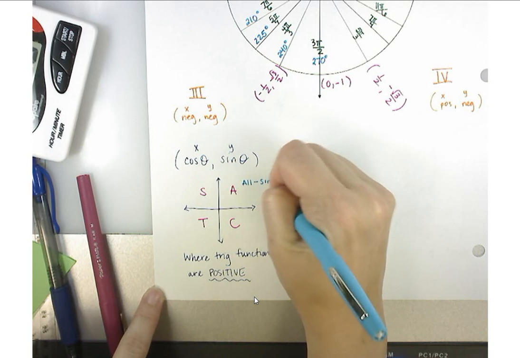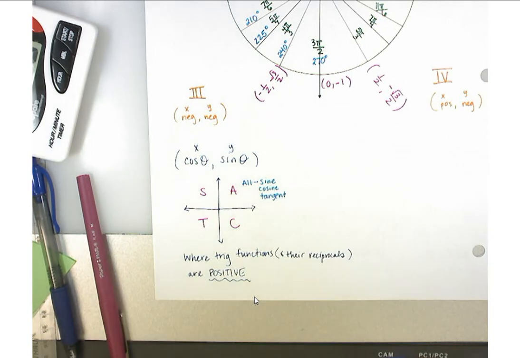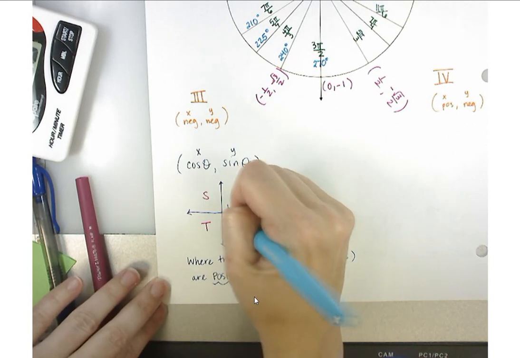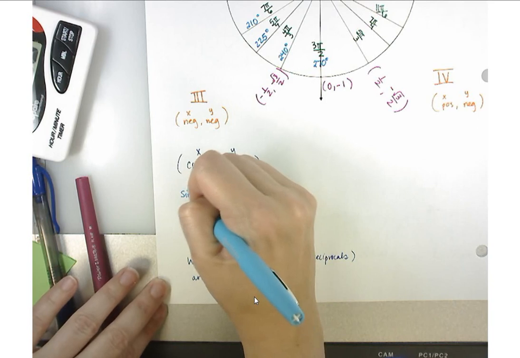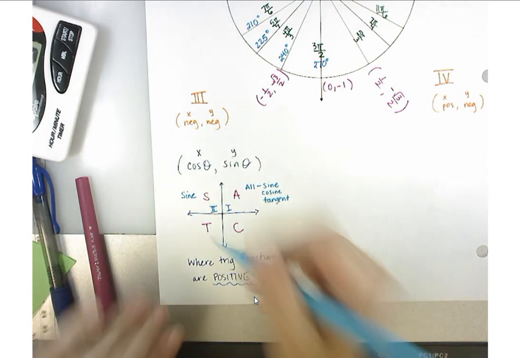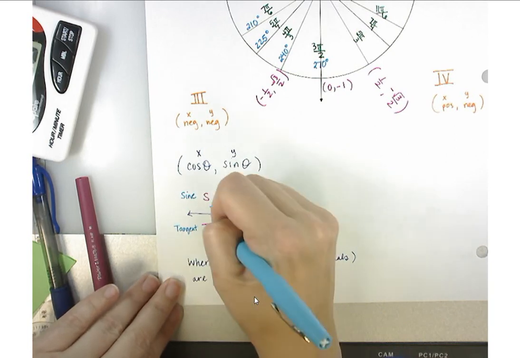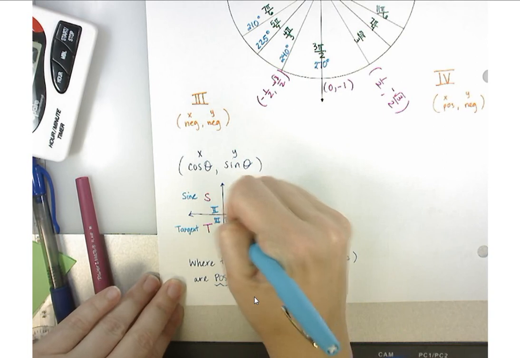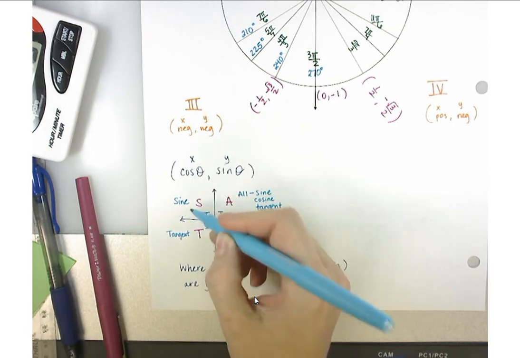So your sine, your cosine, your tangent, and their reciprocals, the cosecant, secant, and cotangent. In quadrant 2, it's the sine that's positive, which makes sense because the sine is the y, and that's where the y is positive. In quadrant 3, the tangent is positive. And in quadrant 4, the cosine is positive. So all students take classes.